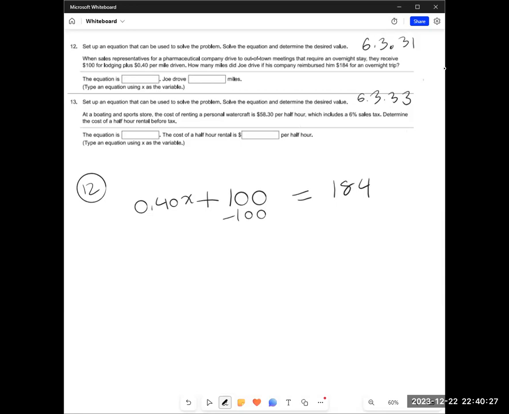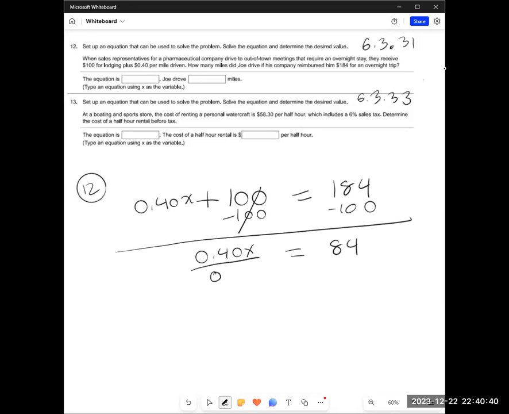So we should be able to work backwards by subtracting $100 and saying 40 cents per mile was paid out at $84. Let's divide $84 by 40 cents to see how many miles were traveled. 84 divided by 4/10 is 210 miles.